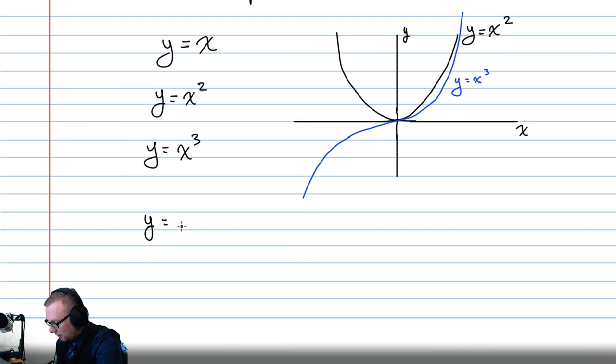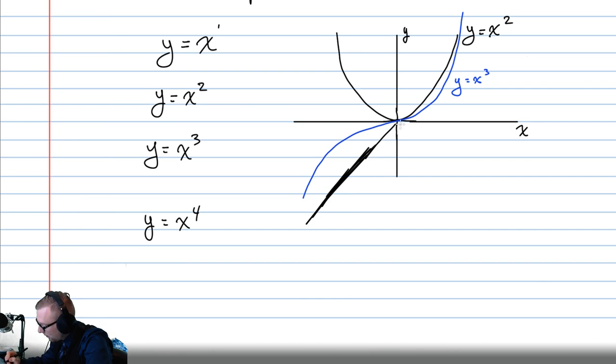What about y equals x to the fourth? The opposite of V? So the thing about these polynomials: the odd functions, like the 1, the 3, the 5, the 7, the 9, see those? They go from this bottom quadrant into this top quadrant like a line. They just have more curves the higher the degree is.